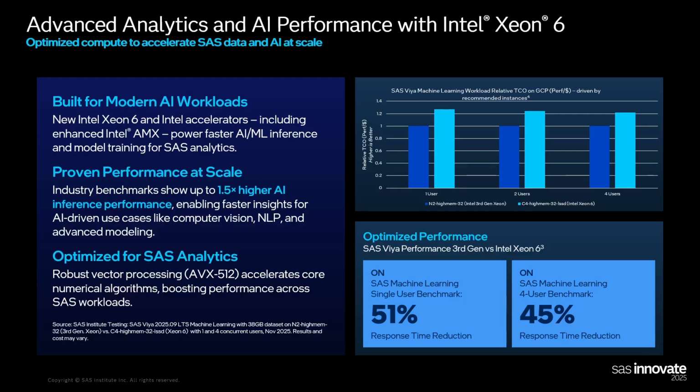It also shows that when you scale the workload on a given SAS Viya instance, the performance is still remarkable at 45%. That means the performance scales as you scale your platform.